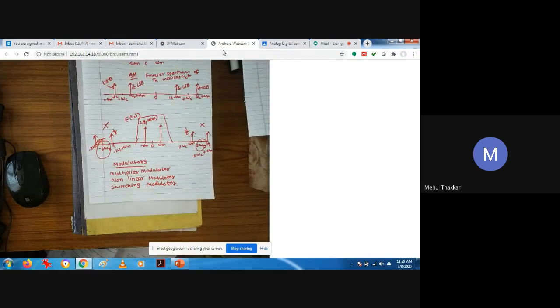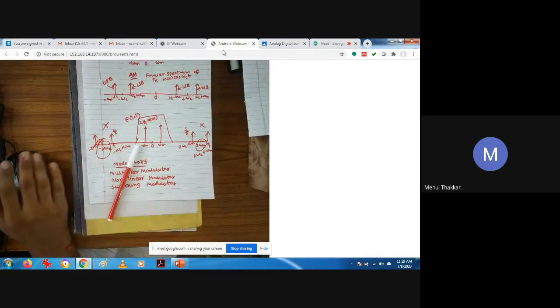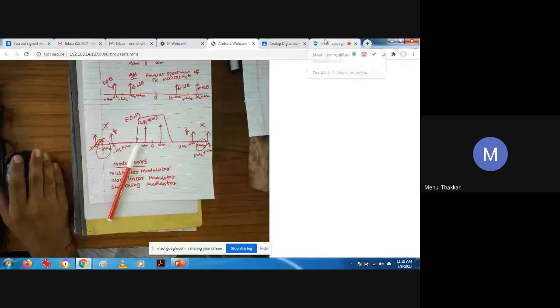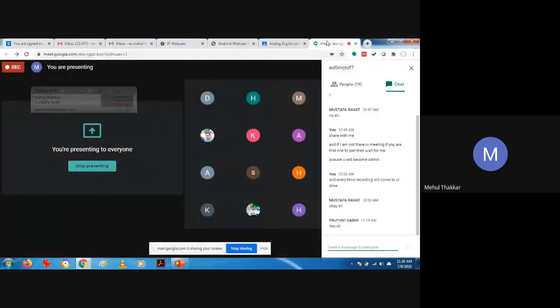You can type into the chat box, or you can answer by unmuting yourself. Any non-linear device you know in electronics?